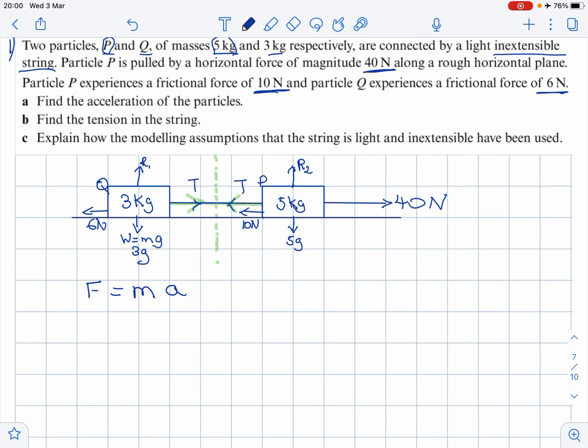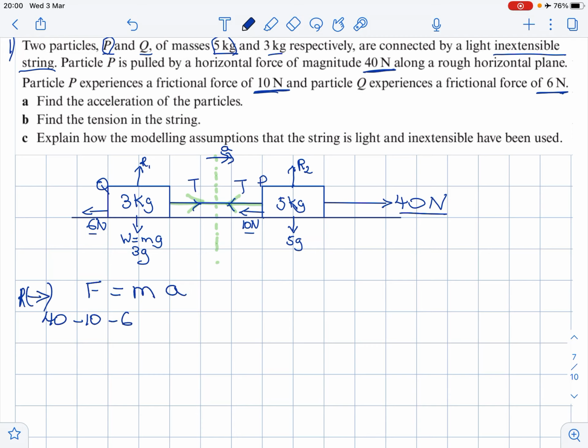Firstly, we need to work out the resultant force. The particle is being pulled with 40 newtons in this direction. For our resultant force, we always use the bigger number and subtract the smaller number. So force forward is 40, minus 10 friction and minus 6 friction.